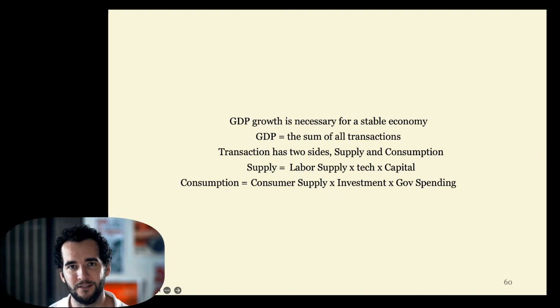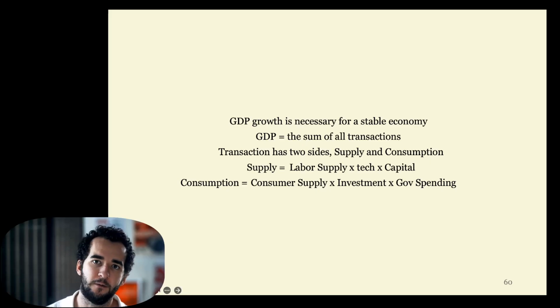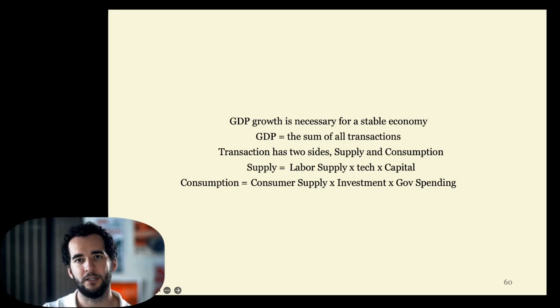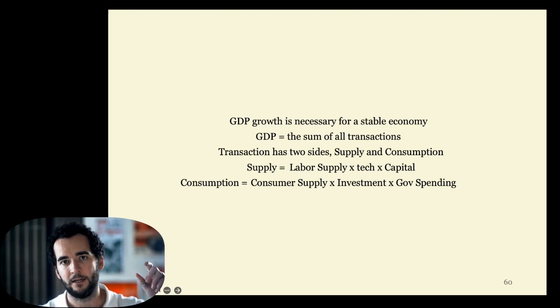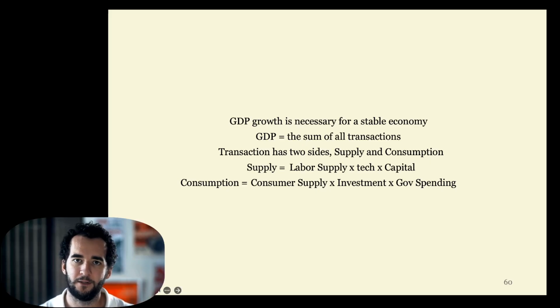GDP growth is necessary for a stable economy. GDP broadly is the sum of all transactions in an economy. The two sides of every transaction are buyer and seller. The seller, or supply side, is a function of labor supply, technology, and capital, and the buyer, or buy side, is a function of consumer supply, investment, and government supply.